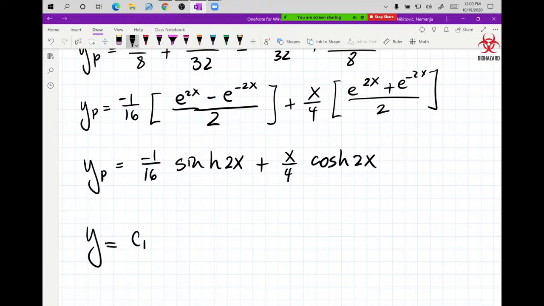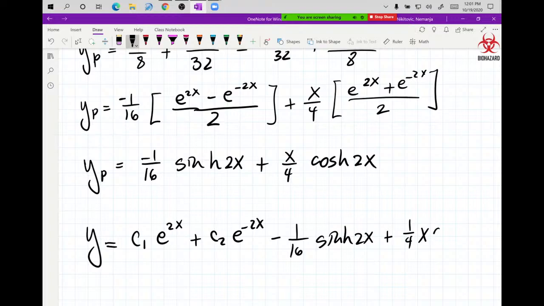It was c1 e to the 2x plus c2 e to the minus 2x and minus 1 over 16 sine hyperbolic 2x plus, if you want to put this as 1/4 x cosine hyperbolic 2x, you can. No one will stop you to make it look pretty. Or you can just put x over 4. And that's it.